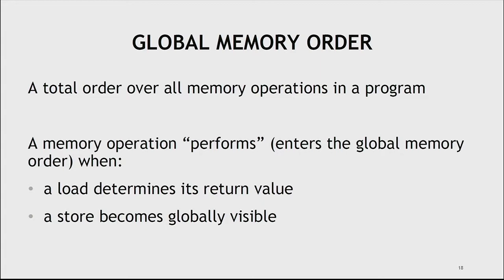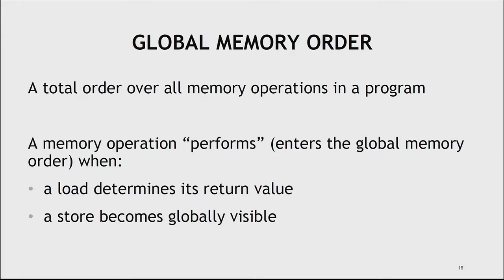Okay, so the global memory order is this total order of loads and stores. We have that even in the RISC-V model, but I want to zoom in on what exactly it's saying. Because if you go back to what I was showing on the previous slide, there are a lot of different events that can happen as a load or a store is executing. In practice, it's working its way through the pipeline, it's entering the store buffer, it's entering the caches. There are a lot of different steps along the way. So if you think of what's actually the most relevant point for defining what happens with loads and stores, it's really those two bullets here that I've highlighted. Ultimately, the answer we're looking for at the end of the day is about what value gets returned by loads.